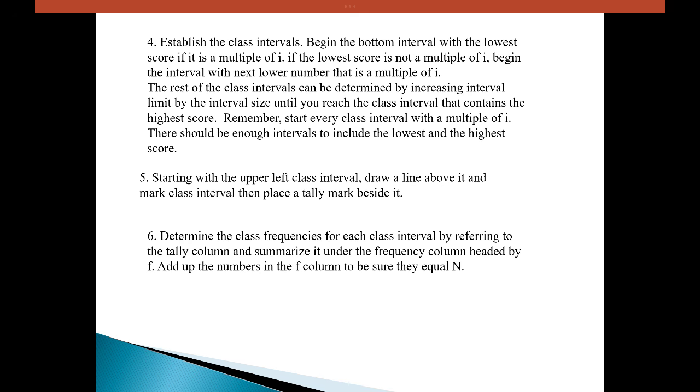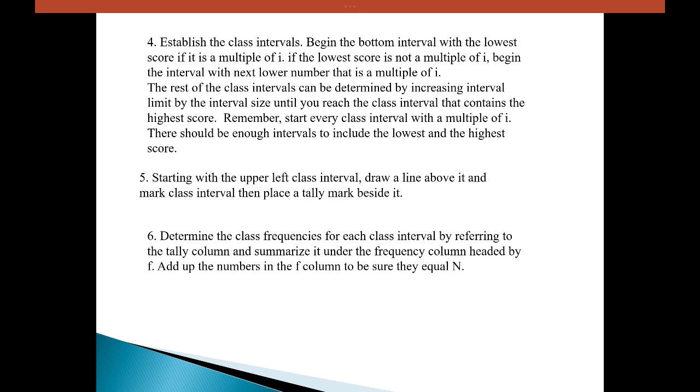So after creating your class intervals, you will now determine the frequencies for each interval. You need to look at your raw data and count how many observations are included in this class interval, and then if it's 3, you put 3 there in your frequency.